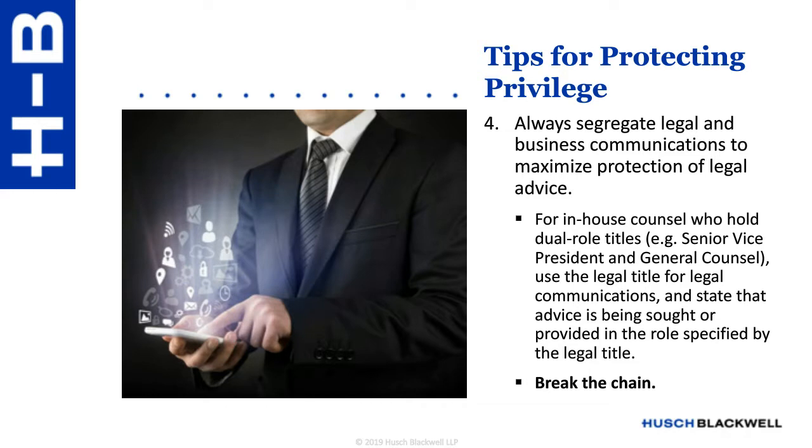Another part of the segregation should include avoiding long email chains where possible, or what we've put in this slide in bold as break the chain. If you send legal advice and someone responds to that advice with a question about the business implications of the advice, consider responding to the second question in a separate email, because now you've moved beyond the legal advice context and into the business context.